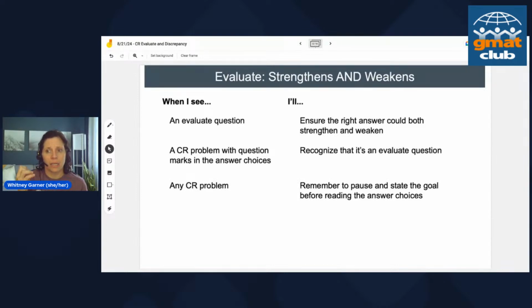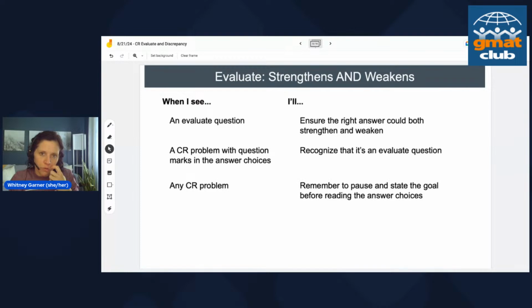And so one of my answer choices has to be about information so fundamental to the argument that the yes or no of that could completely change how I feel about my argument. Okay. So that closes out the assumption family.